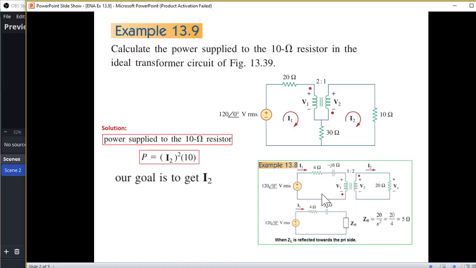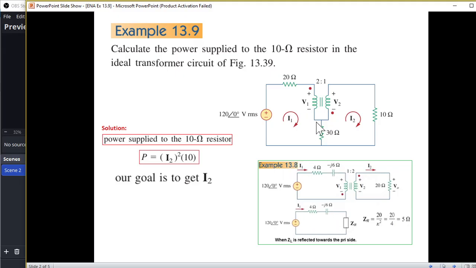Now, a point to remember: in the previous example, we had a circuit where the two terminals of the transformer were coupled, and the secondary load or resistance could easily be transformed to the primary side by using a formula, and then we could solve by KVL.